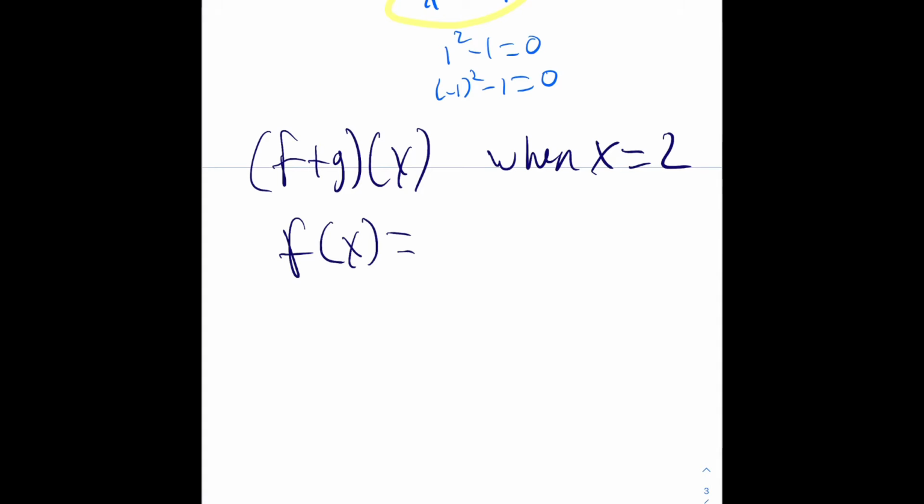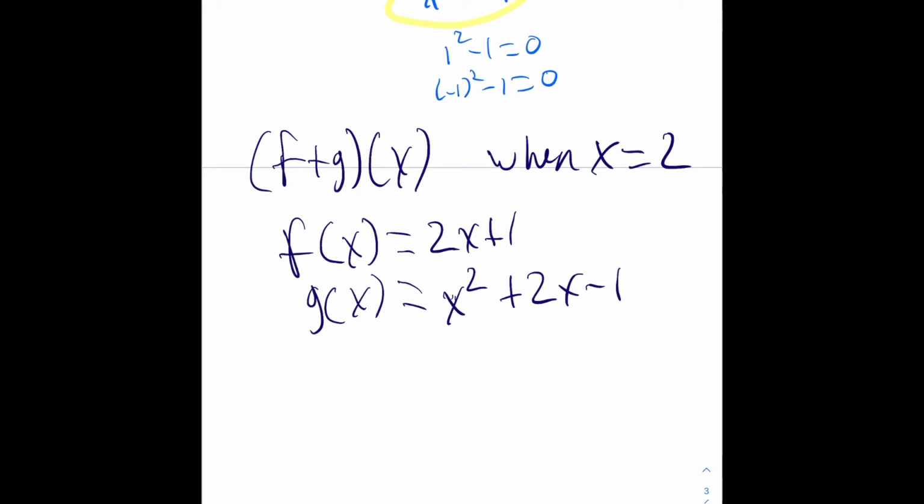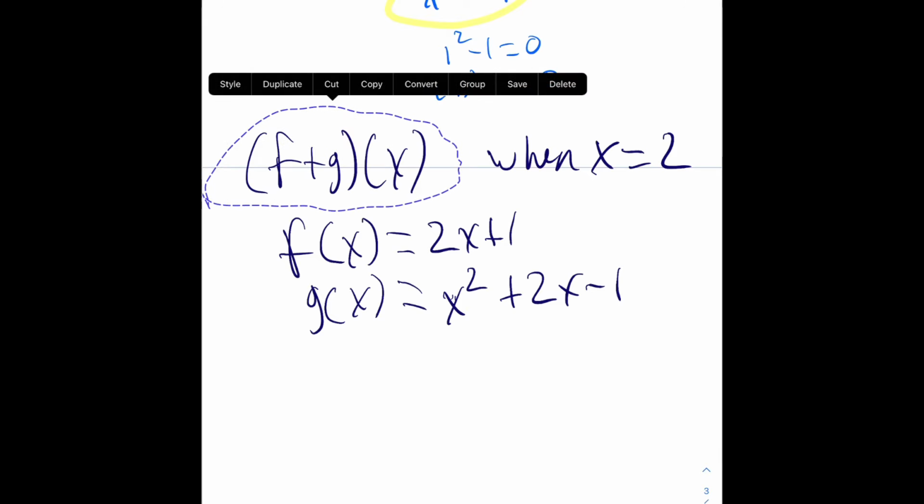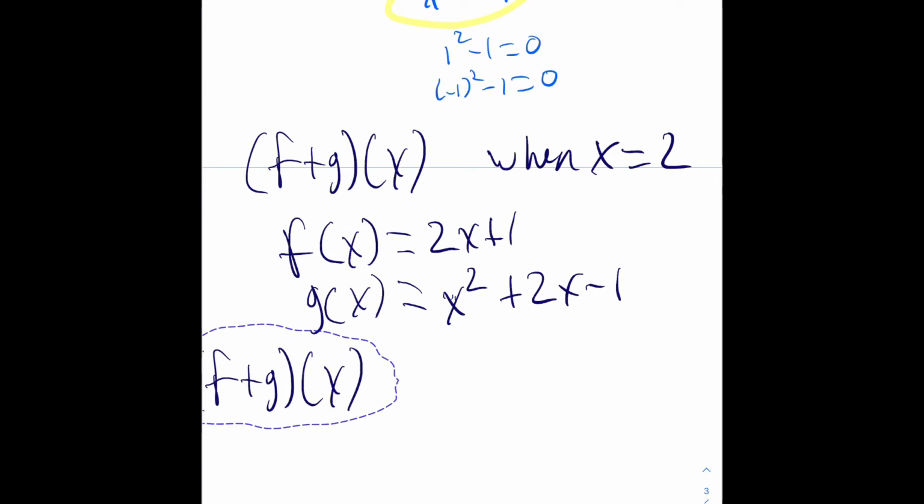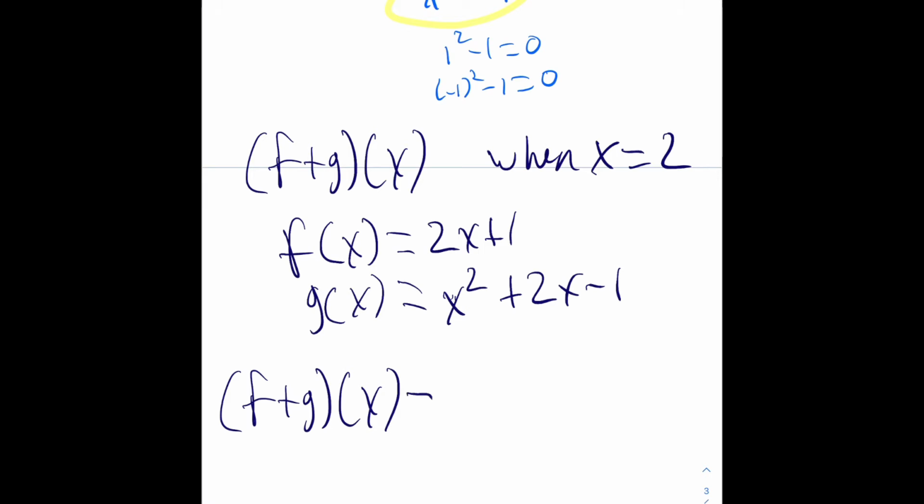My functions, again, are given to you. f of x equals 2x plus 1. g of x equals x squared plus 2x minus 1. I'm going to copy this and paste it: equals f of x, 2x plus 1, plus g of x, x squared plus 2x minus 1.